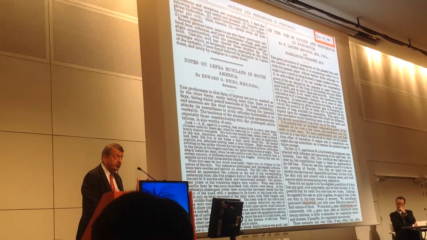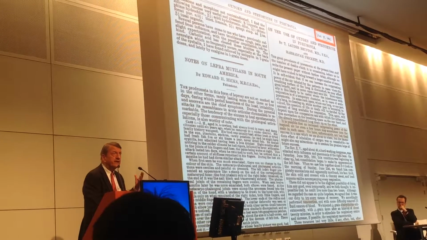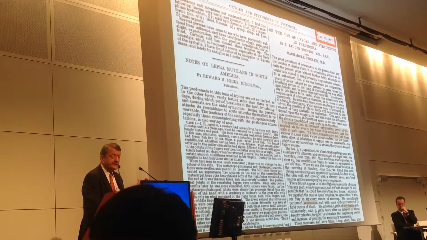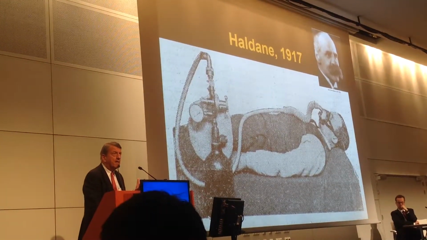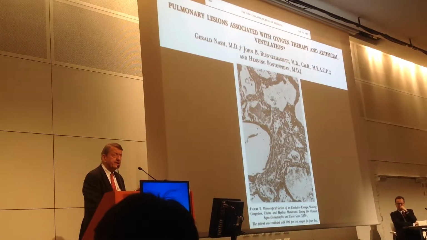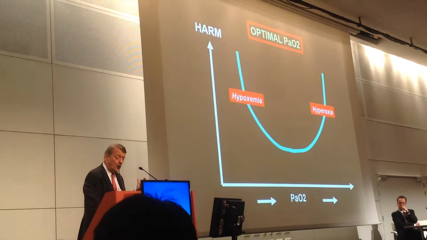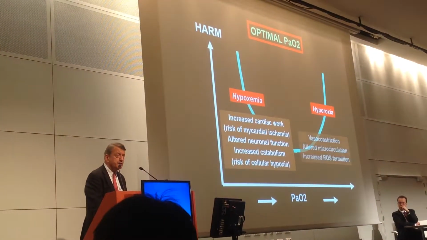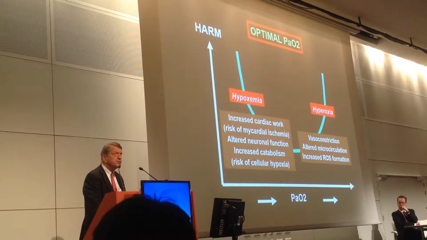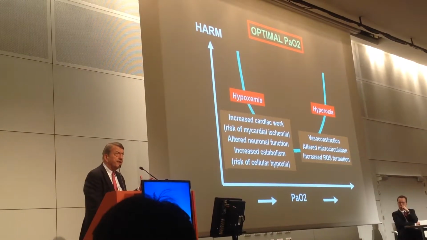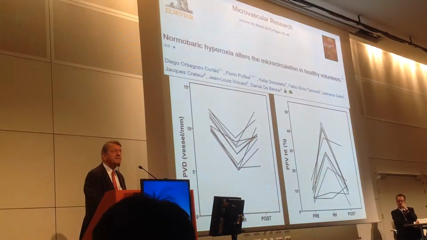You know, we have given oxygen since the very last years of the 19th century. But many years ago, it was already identified that hyperoxia may hurt the lungs or may actually hurt the tissues. So it's the same U-shaped curve as for hypervolemia.